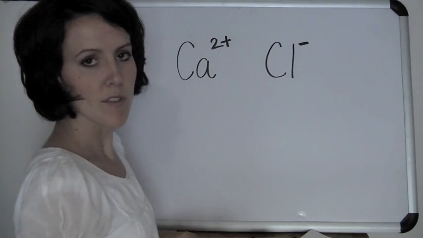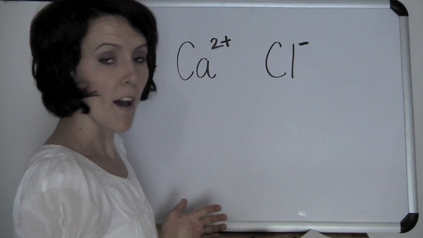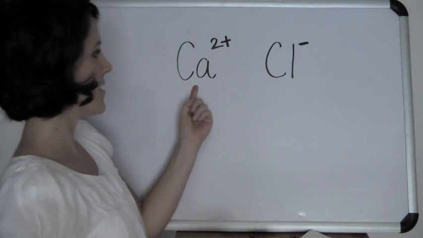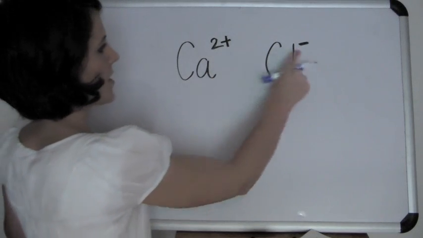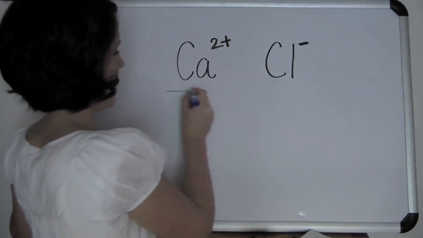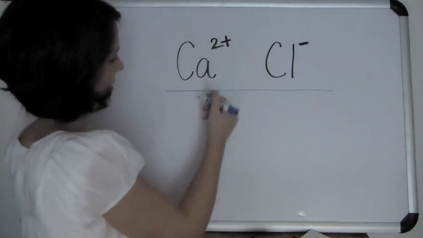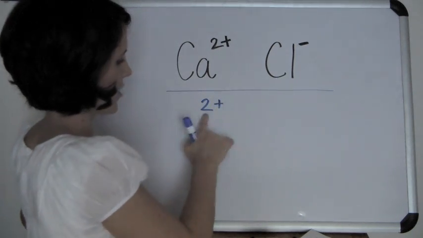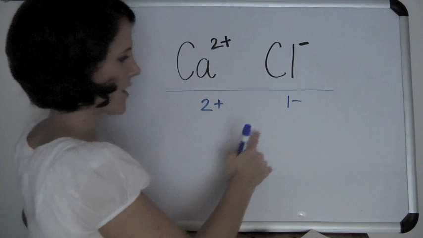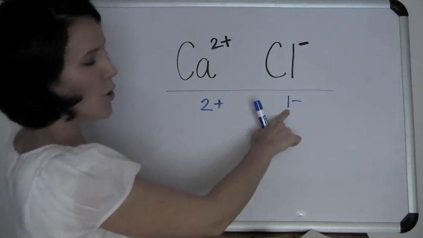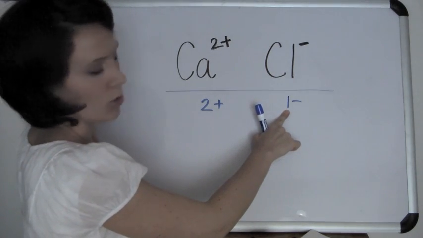Let's do some examples. What is the formula for an ionic compound that has the calcium ion and the chloride ion in it? First, I need to look at the charges. An easy way for me to do this is to compare the charges. I have a +2 and I have a -1. I know that they have to have a net charge of 0.